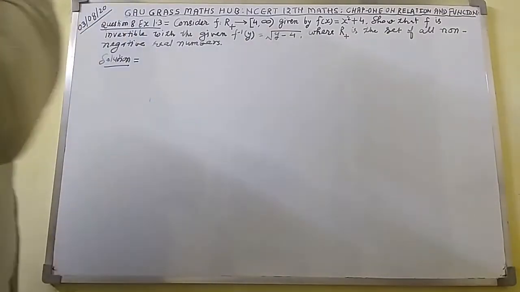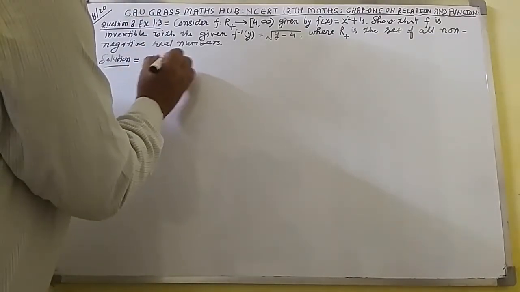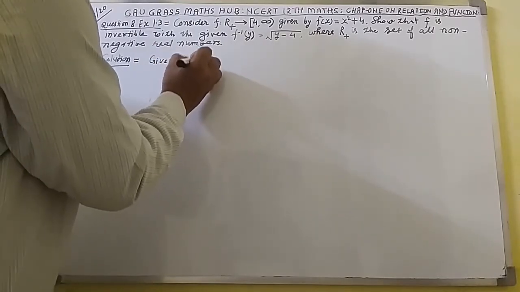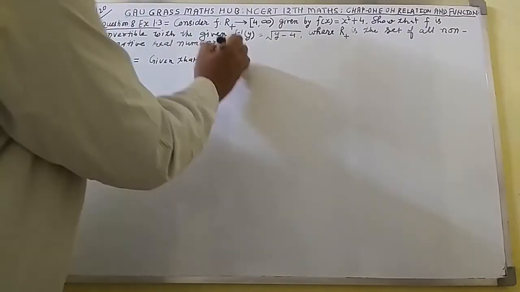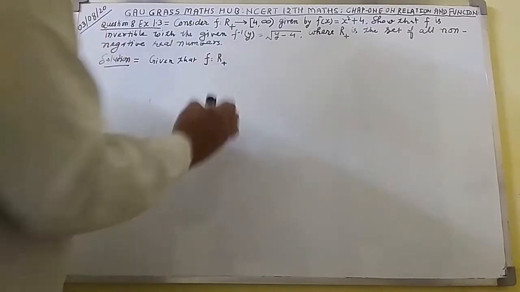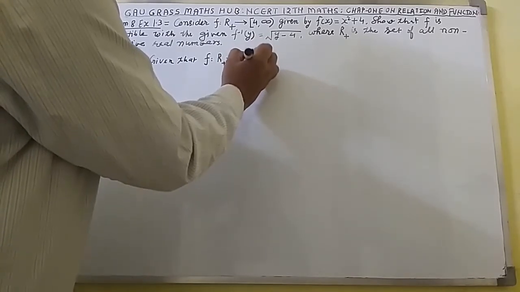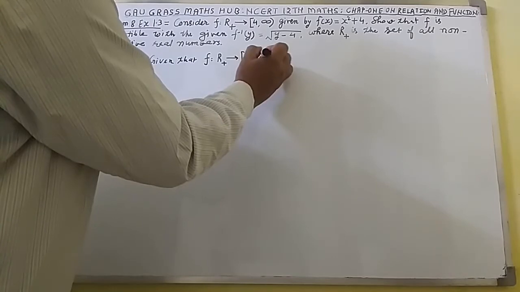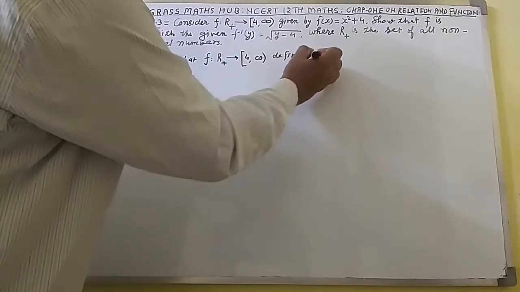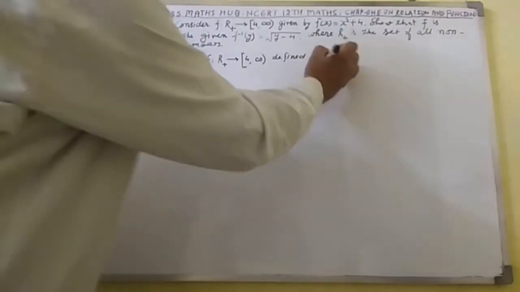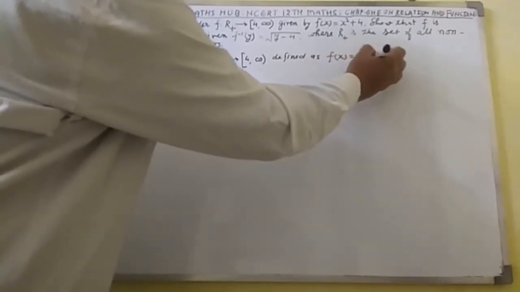Solution: here I shall write, given that f is a function from R+ to the closed interval [4, ∞), defined as f(x) = x² + 4.